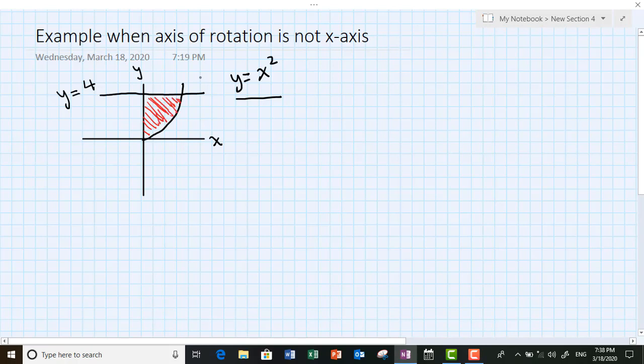Now this region will be revolving about y equals 4, 360 degrees. Okay, so in this case, our axis of rotation will be y equals 4, not the x-axis. So when you rotate that region about y equals 4, it will look something like this.